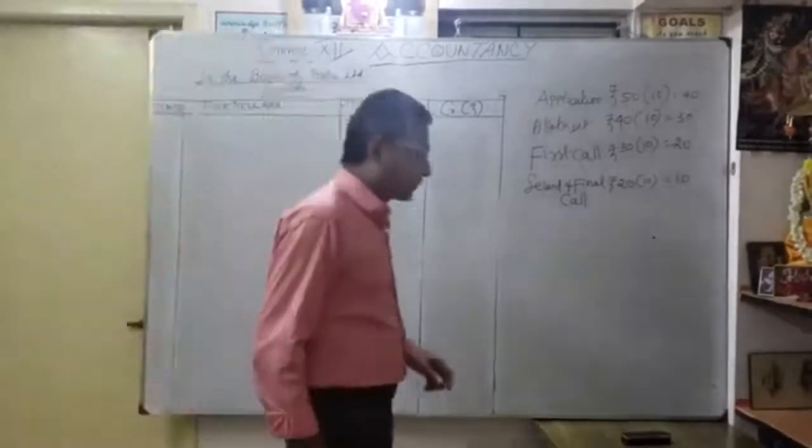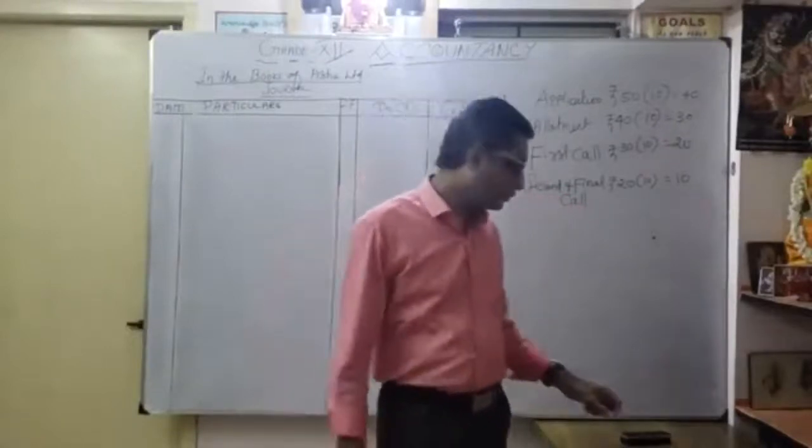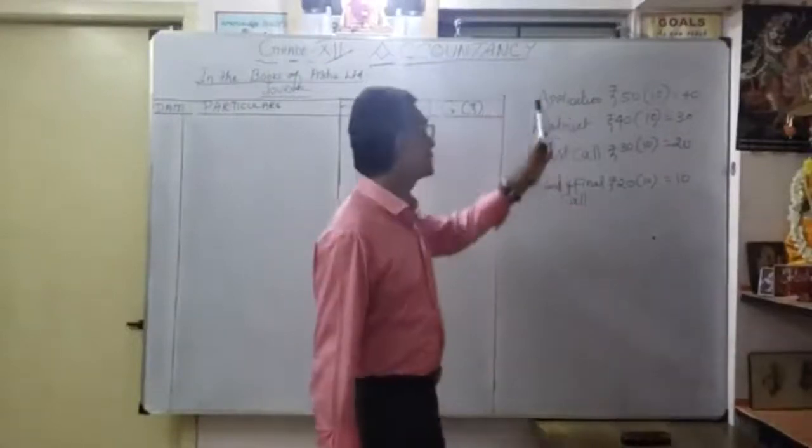Okay, so now we're going to see the preparation of the journal entries. Okay, so before what you have to do first duty, you have to write a synopsis, correct?